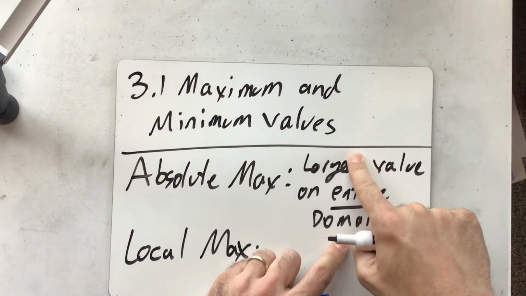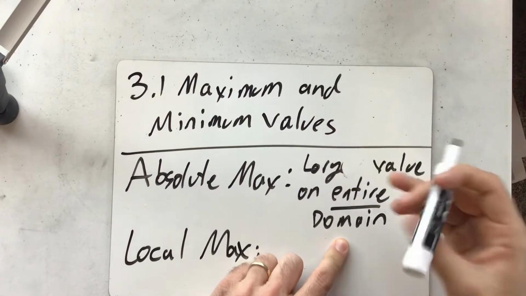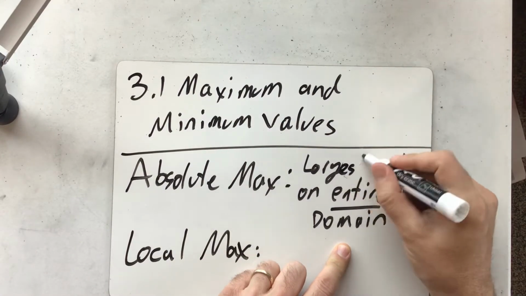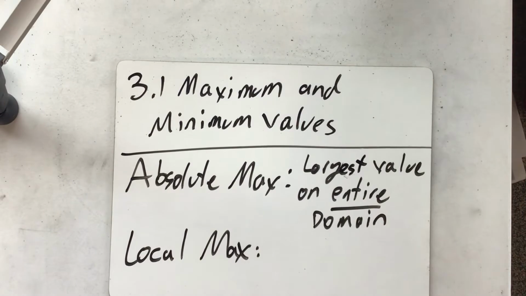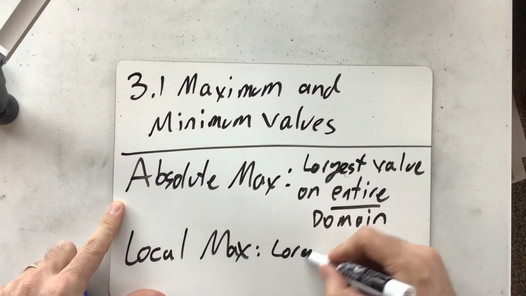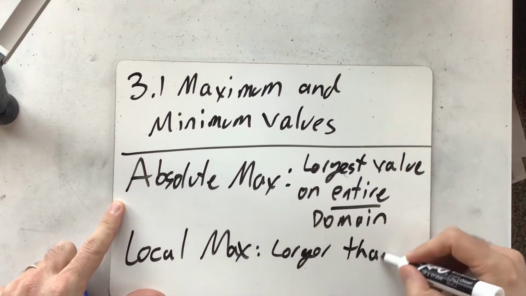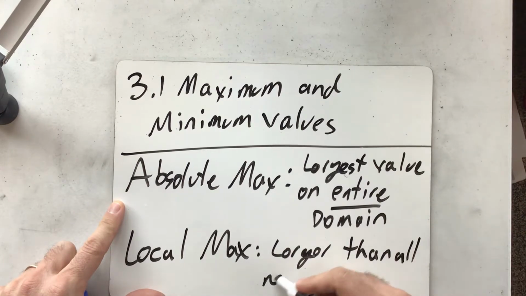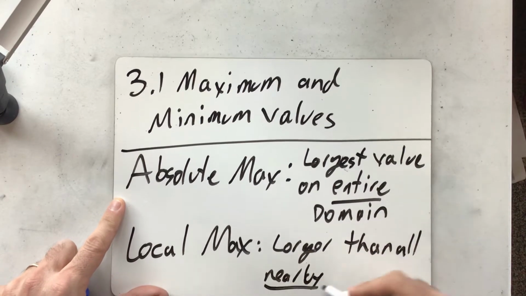For the problems we'll do today, though, we'll take smaller domains, say the numbers between 0 and 1 or something like that. So we'll make it smaller. And a local max is just larger than all nearby points.